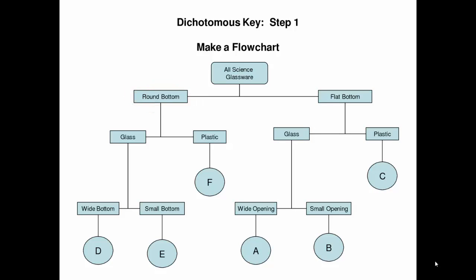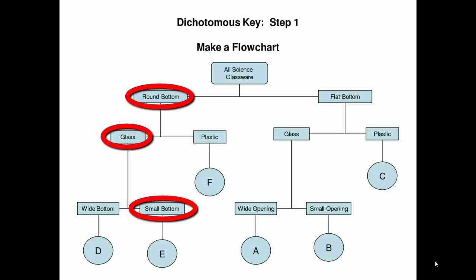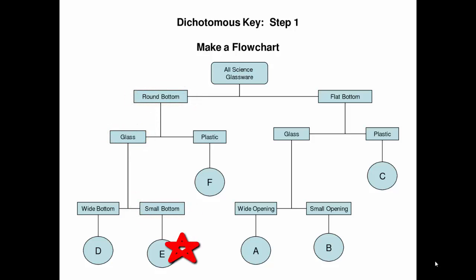The round bottom plastic I'll put in cabinet F, but if it's a round bottom glass with a wide bottom, I'll put it in cabinet D, but if it has a small bottom, I'll put it in cabinet E. So if someone comes in and needs a round bottom glass, small bottom glassware, all they'll have to do is go scientific glassware, round bottom, glass, small, and go to cabinet E to find what they are looking for.